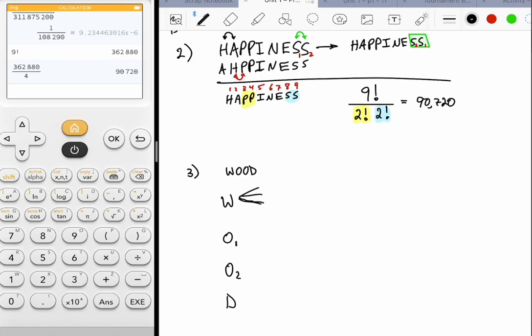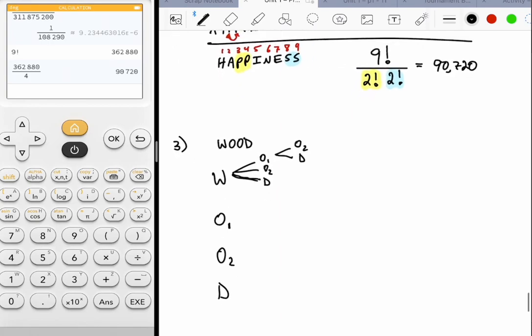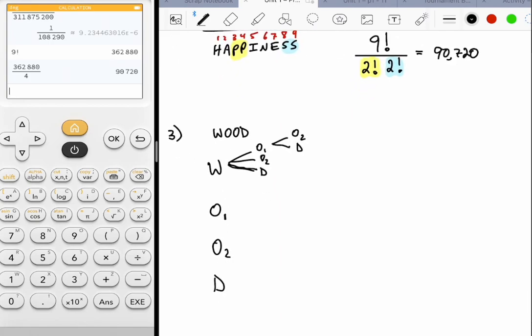If the first letter is W, then the second one has to be either O1, O2, or D. If the first letter is W and the second one is O1, then the third one would have to be O2 or D. If the first, second, and third letters are W, O1, O2, then the last one has to be D.